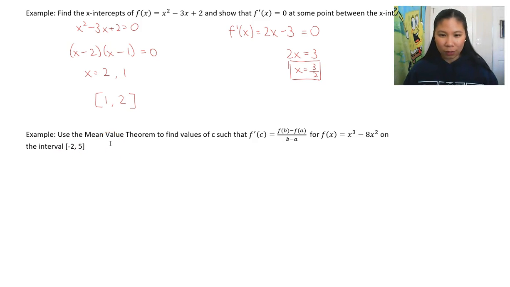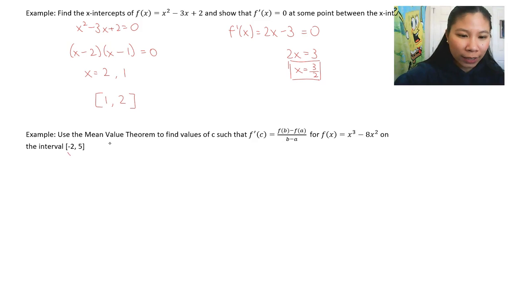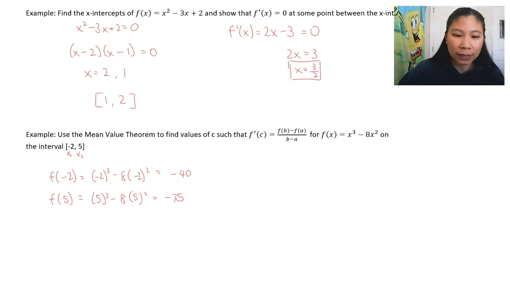So to find the slope, we know our x values are -2 and 5, so we would need to find our y values. So I'm going to plug into the original equation so that I can find the y values for each. Okay, so when I plugged in x equals -2, I got -40, so that's our y1. For x equals 5, I got -75, so that's our y2.